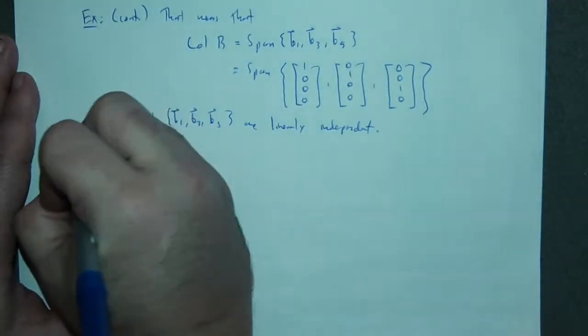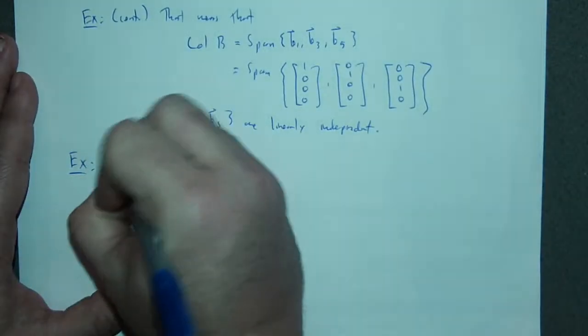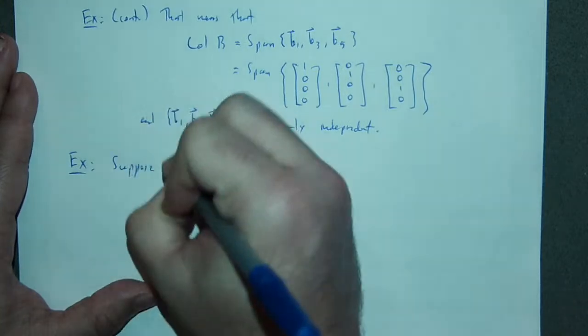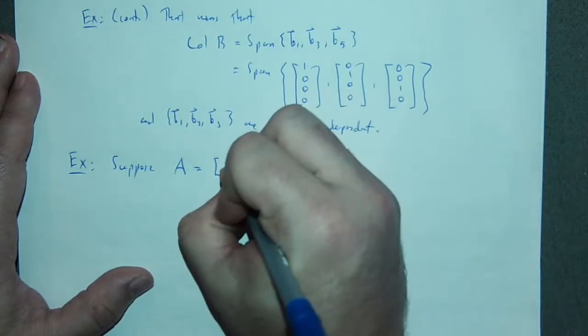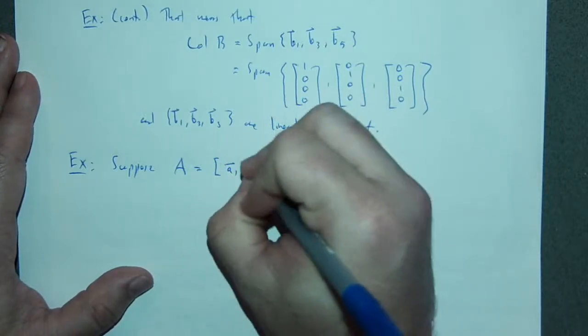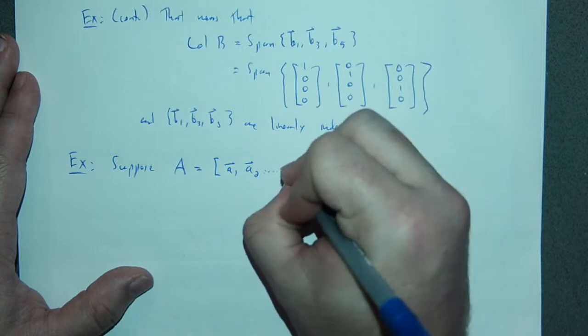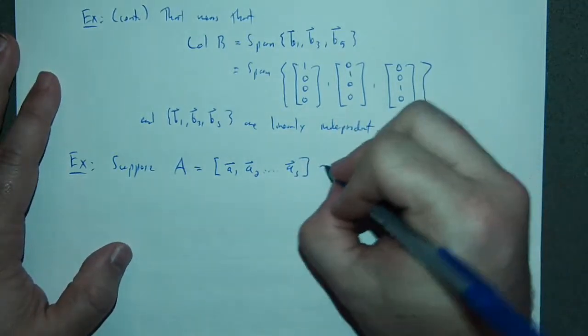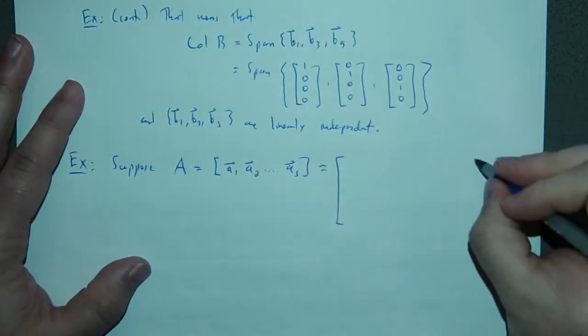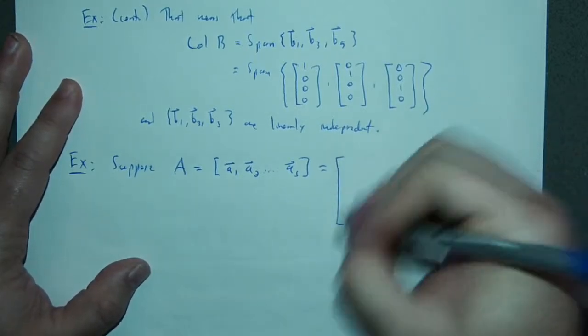Okay. Now let's consider a second example. Suppose that A is a matrix made up of 5 columns. So its fifth column is A5 here. And when I write out this matrix, I'm going to write it out column-wise again.